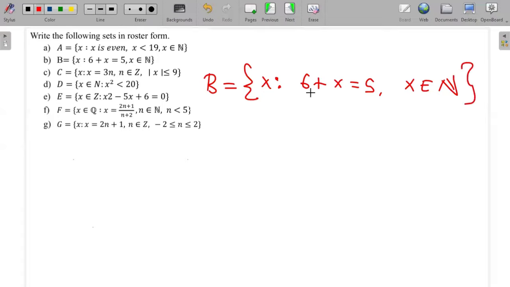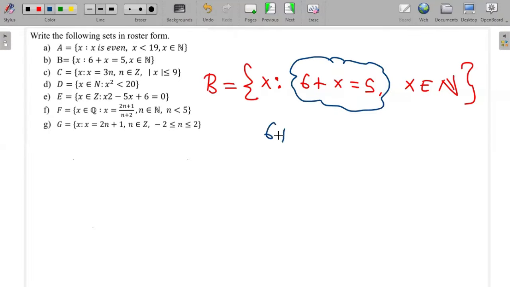All right, so how do we know the values of x that are going to be part of this set? We just look at the equation that has been given here. So the equation says 6 plus x should give you 5, and that x is also a natural number. So let's see if all those conditions are going to be satisfied.